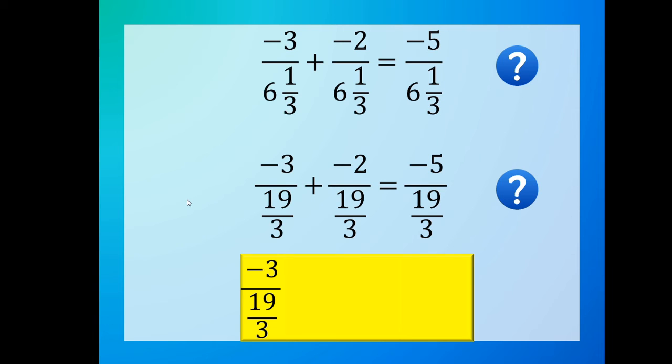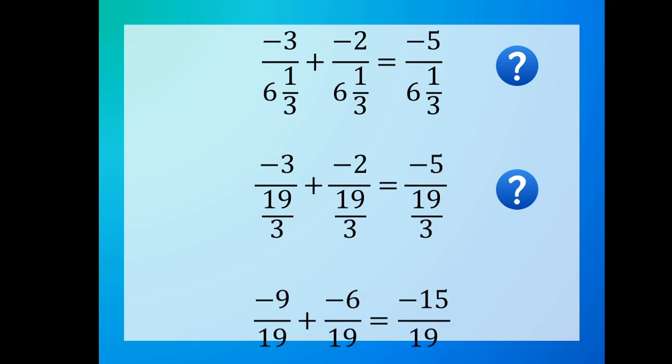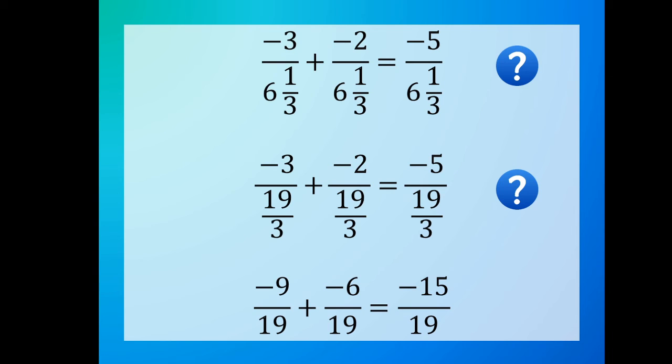When I have this sort of fraction, I like to think of it as so. Bring the bottom number to the top. And the reason why I can do that was shown in the previous yellow box. And then that would be equal to -9 over 19. So anyway, I can exchange the -3 over 19/3 to -9 over 19. I can continue this pattern for the other two fractions.